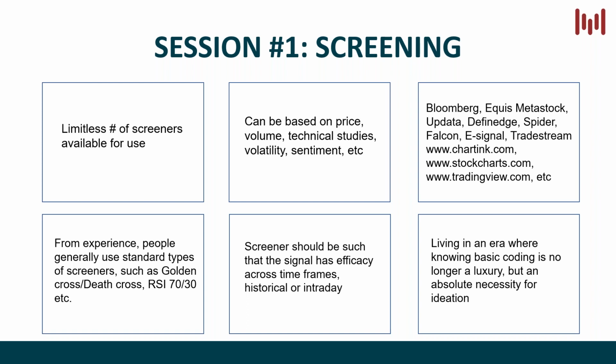If something is as simple as that and everybody knows about it, it is very rare that you will generate a huge amount of alpha using something as basic as that. Not to say that 70-30, overbought, oversold does not matter. It does matter, and it matters a lot.